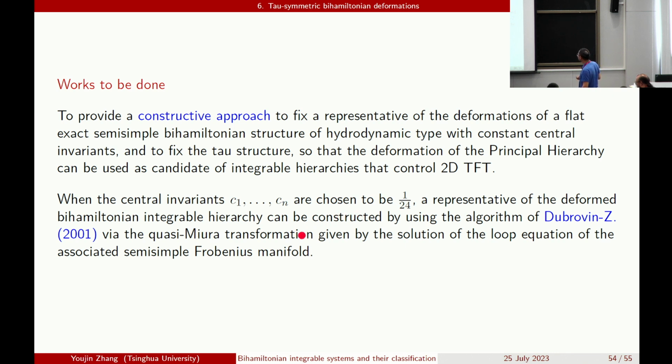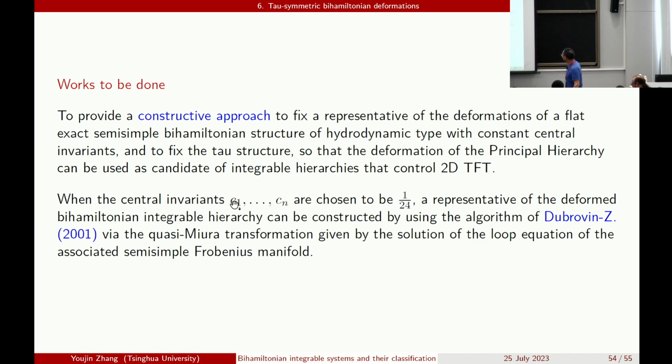But if we choose the constant central invariants to be not equal to 1/24, for example, for the Drinfeld-Sokolov hierarchy associated with non-simply laced affine Kac-Moody algebras, for example of B, C type, then we do not know how to construct this integrable hierarchy.